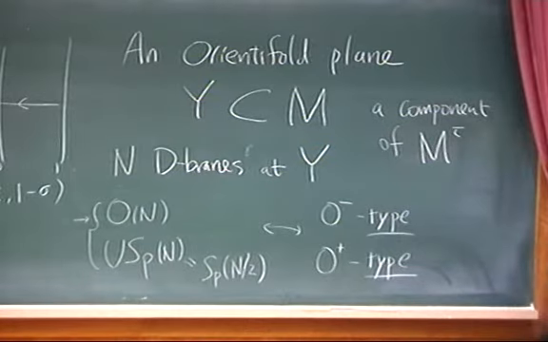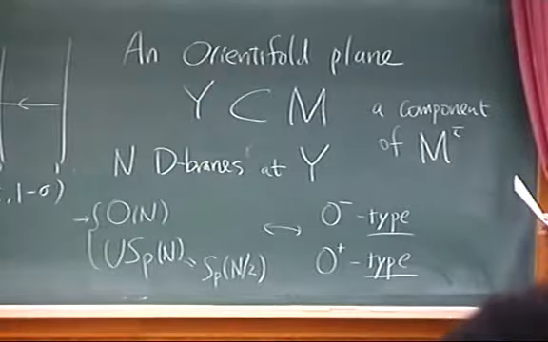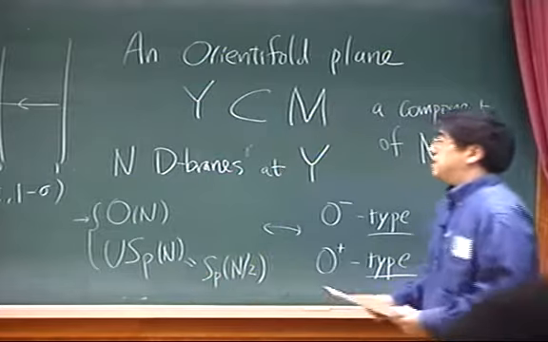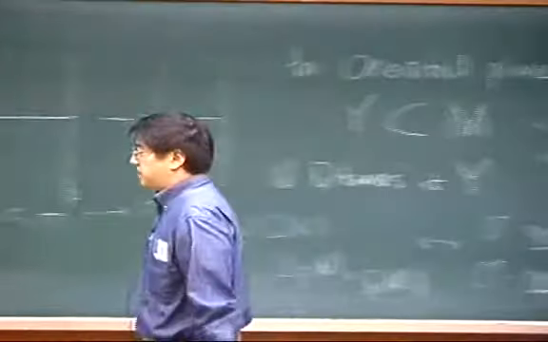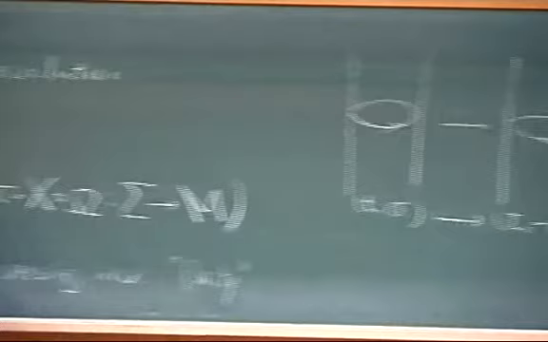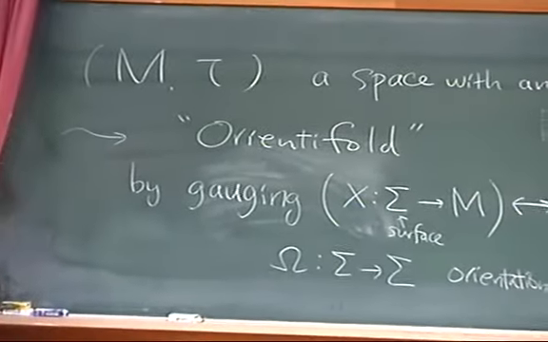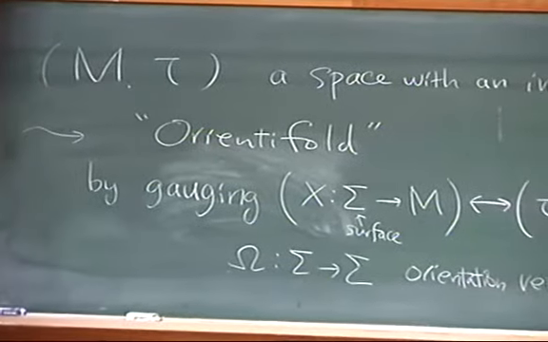So these two possibilities are possible. Okay, so this is a very brief introduction to orientifold. And I want to specify this class of string theories I want to consider.